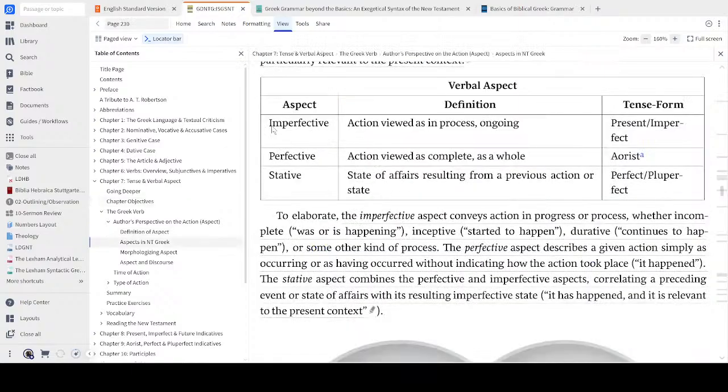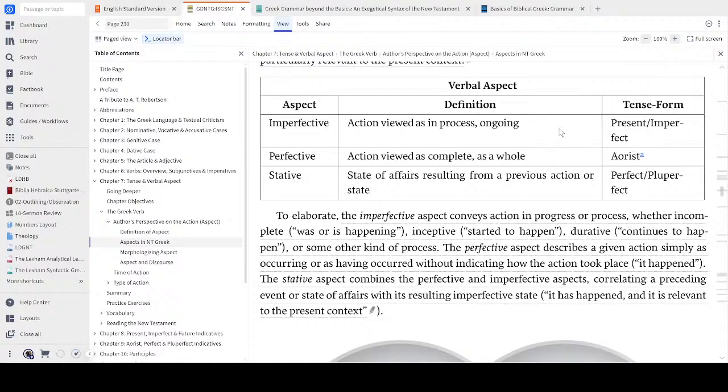It has the imperfective aspect, and the tense form is present or imperfect, and the process is viewed as ongoing. What's important here is that it just means the action is an ongoing action.